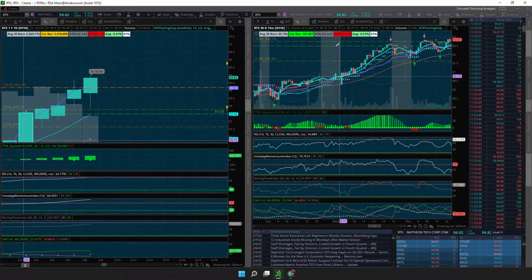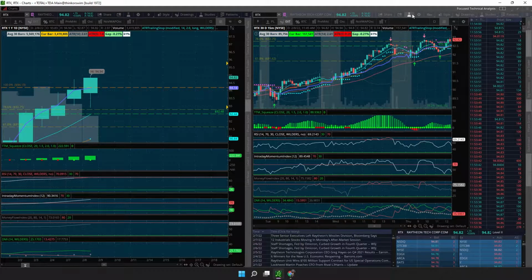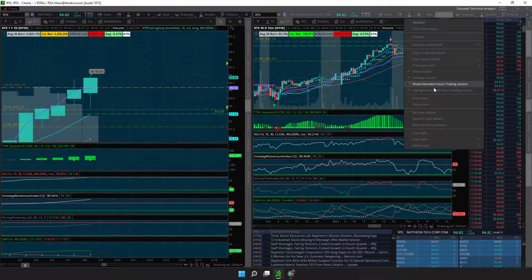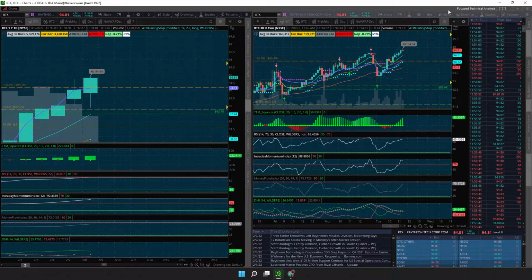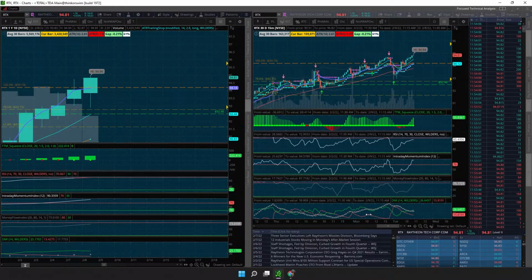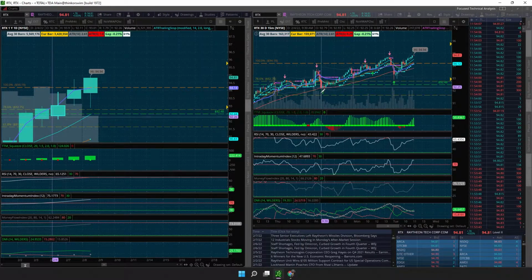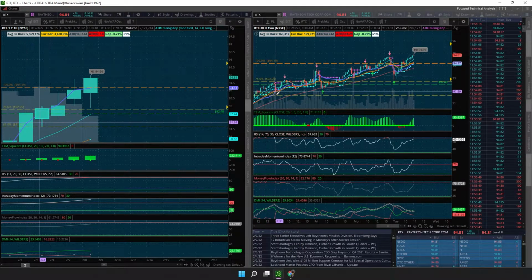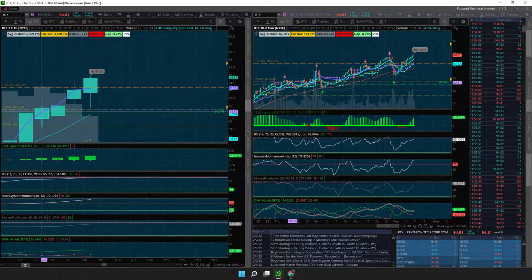Now let's look at an extension. Let's remove the after-hours trading and look at the move from when we got in. So this is the day we got in here, and this is the day after we got in.